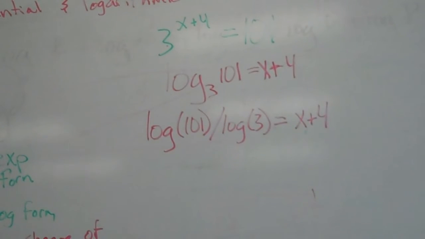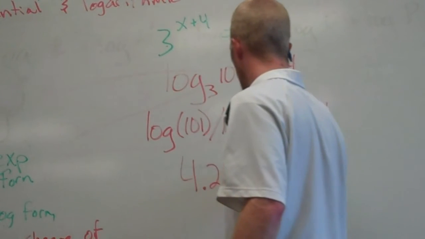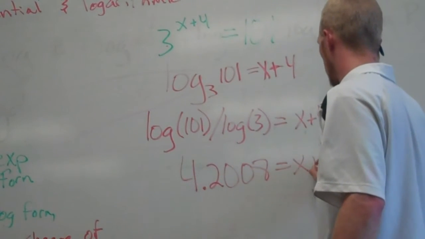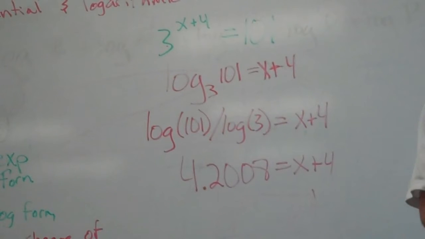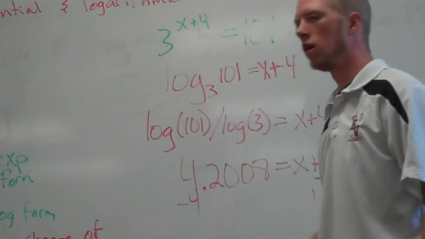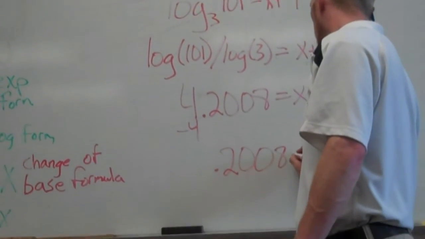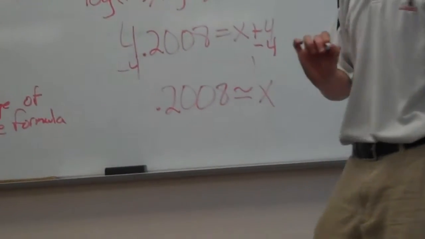If you do that on your calculator, log of 101 divided by log of 3, you end up with 4.2008 equals x plus 4. Now we use our basic algebra skills to subtract 4 from both sides, and you get 0.2008 is approximately x.